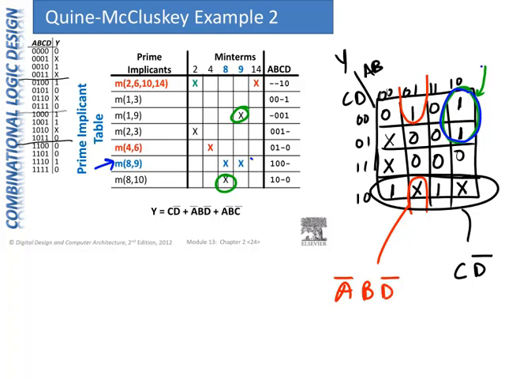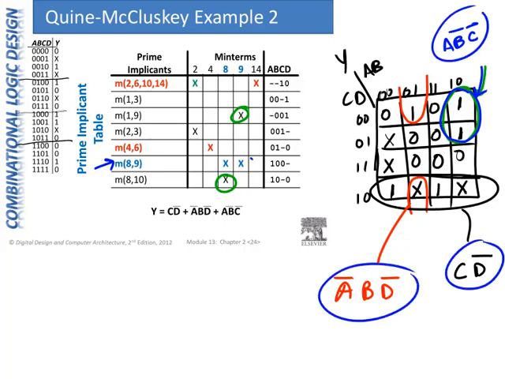And this circle here is A, B bar, C bar. And we end up with the same solution that we did with Quine-McCluskey. Y equals C and D bar, or A bar, B, D bar, or A, B bar, C bar.